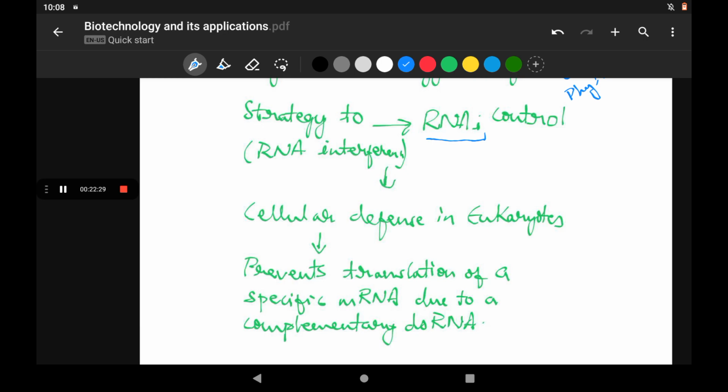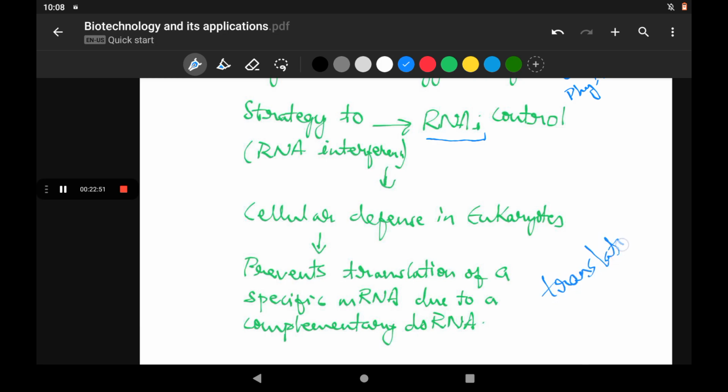And once they are broken down, these points are not given in the book, but if you refer to the reference books, you will obtain that information. So they are going to break the mRNAs and thus prevent them from undergoing the translation process. And you know that if there is no translation, there is no protein.